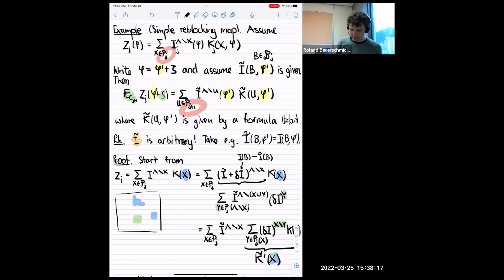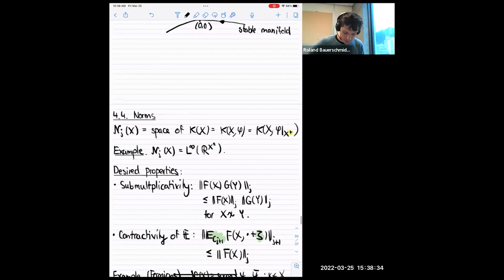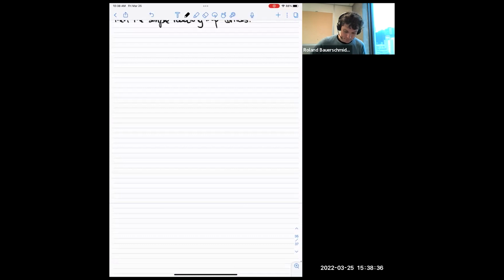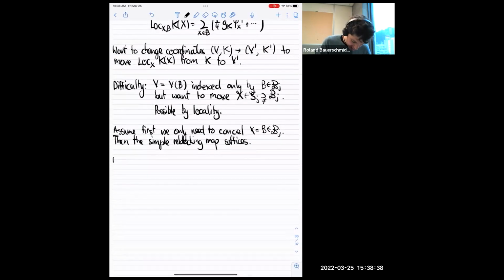We could put anything. Well, what I'm going to tell you now is that if you choose this I tilde correctly, then you can basically remove anything on a single block from K. So this is the example, simple reblocking map continued.